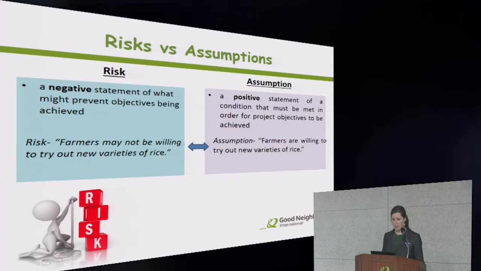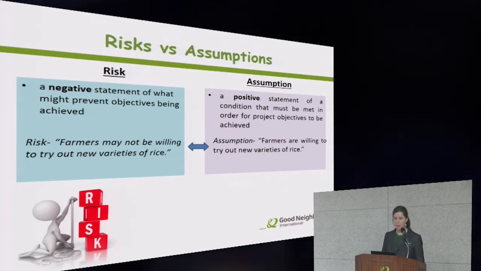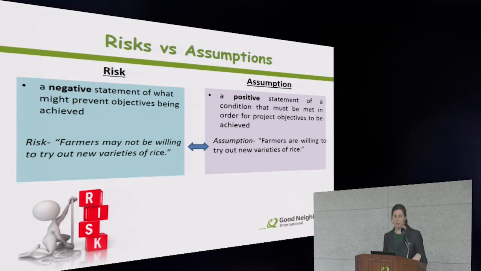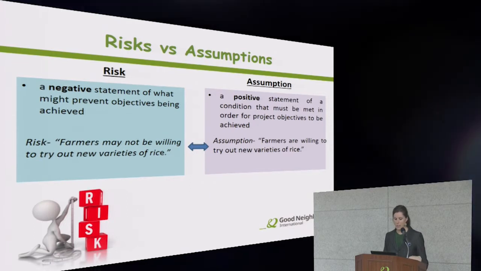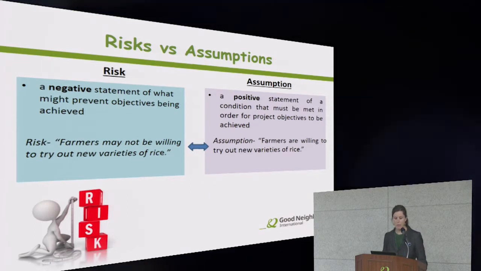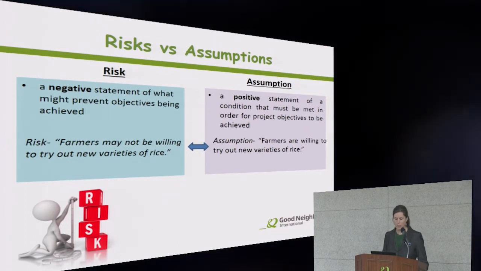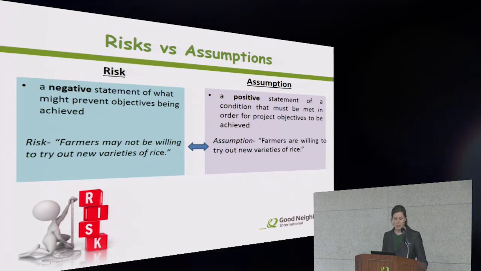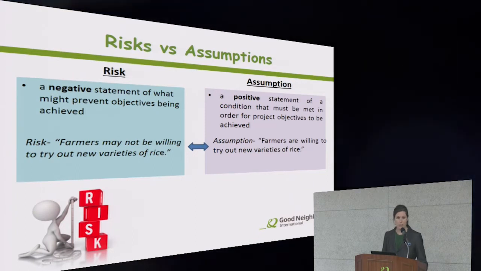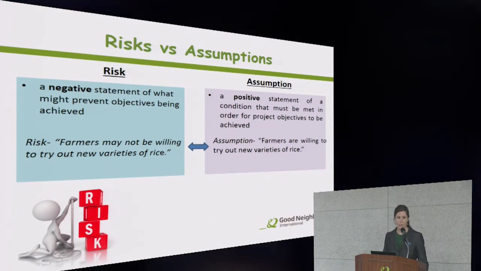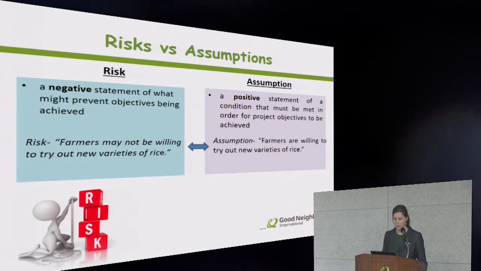Okay, so when we're formulating assumptions, it's often helpful to first think of them in terms of risks. So a risk is a negative statement of what might prevent the objectives from being achieved. So for example, farmers may not be willing to try out new varieties of rice. This is a risk that could affect the success of our project.